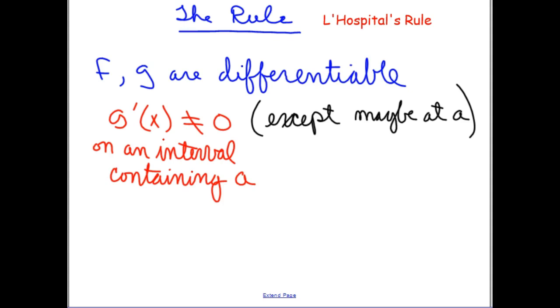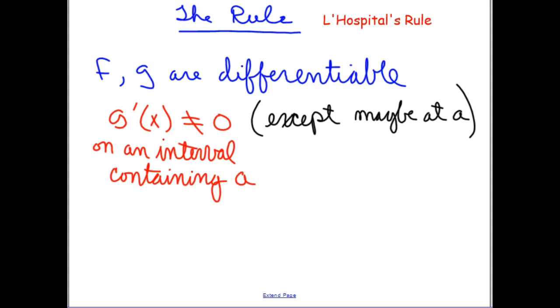If f and g are differentiable, so you've got a function in the numerator, a function in the denominator, they're differentiable, I can take their derivative. The derivative in the denominator can't equal 0, can't be constant, on any interval containing a.